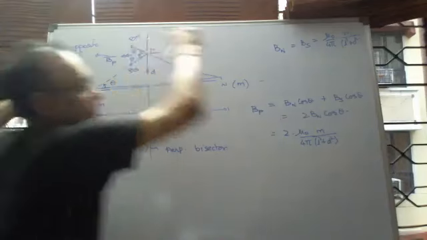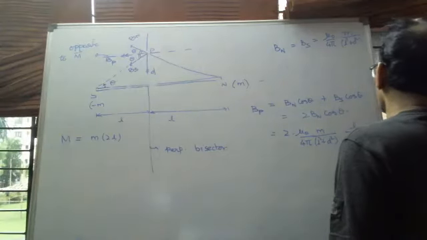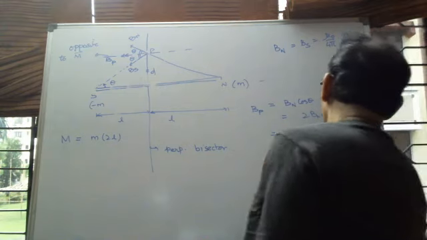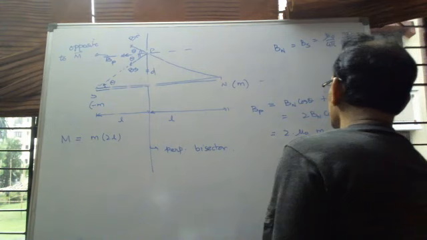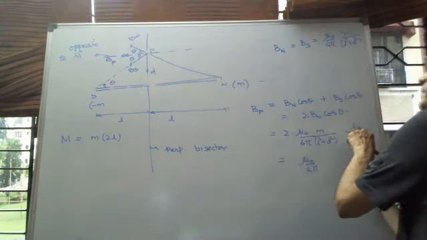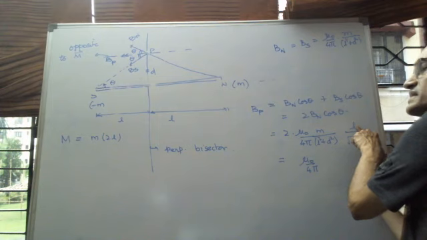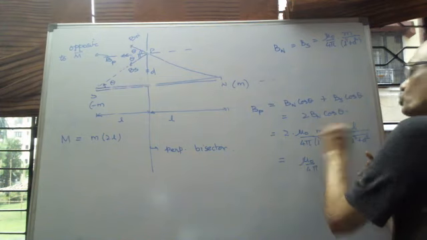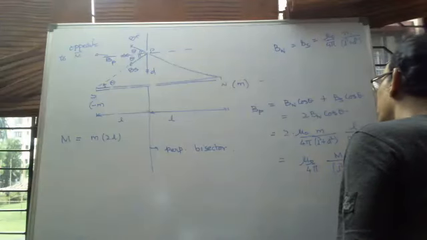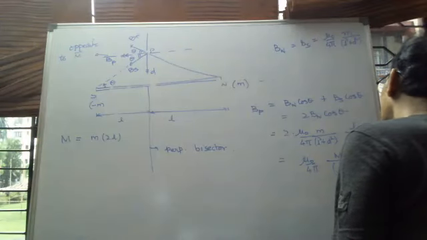So mu naught by 4 pi, again 2mL will be the magnetic moment of this magnet, so M divided by L square plus d square to the power 3 by 2.